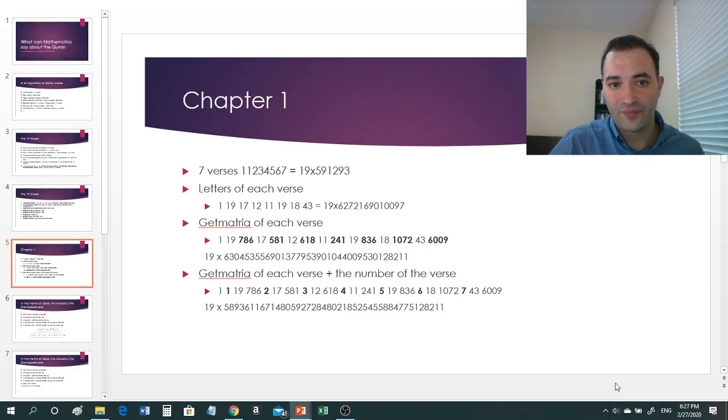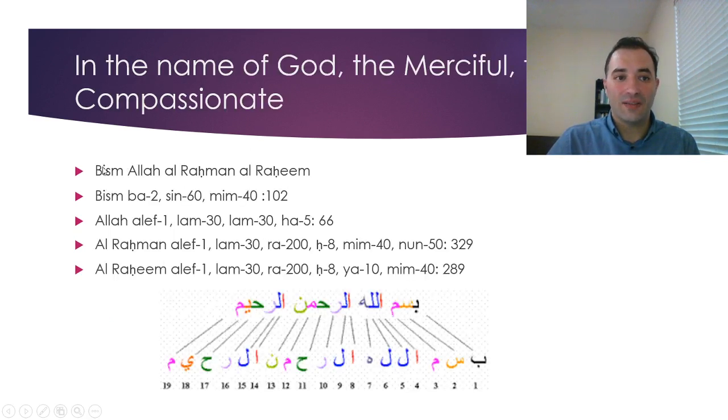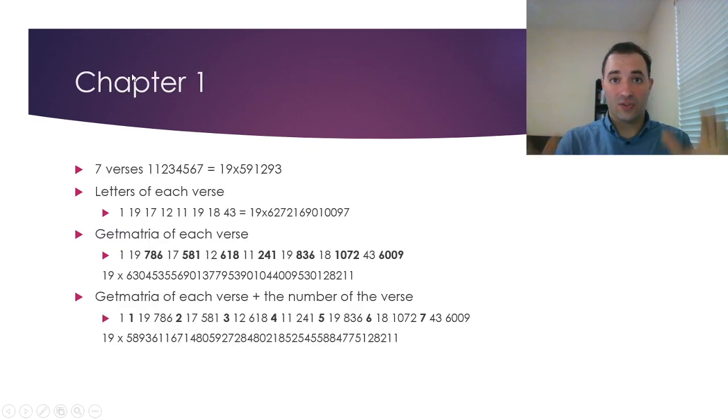What is this? Gematria of each verse in chapter 1. We will add the total gematria of each verse. So, chapter 1, 19 letters. The total mathematical value of those letters is 786.